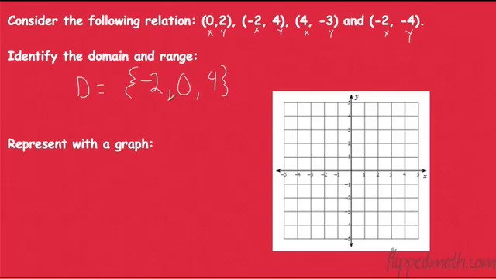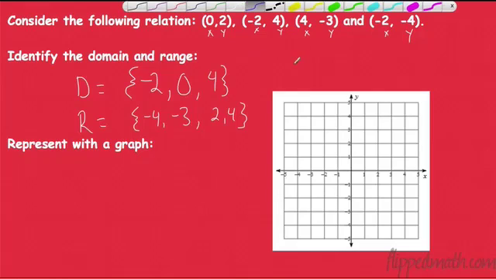So my domain would be -2, 0, and 4. Let's take a look at our range. What would our range be? Let's see, -4 is the lowest, then -3, and 2, and 4. All right, so that is our domain and our range.